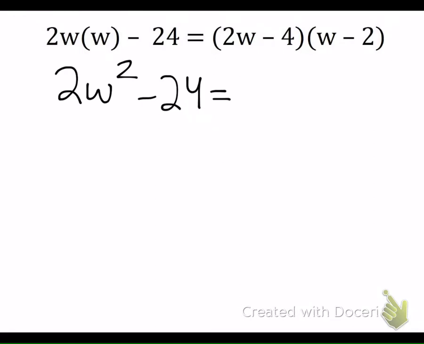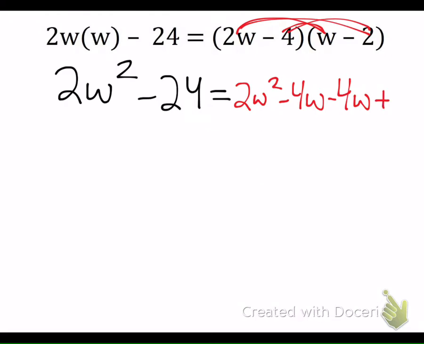Do you mean double distribute? Yeah, so I need to distribute the 2W first, then the negative 4. So 2W times W once again is 2W squared. 2W times a negative 2 is a minus 4W. Minus 4W again. And then a plus 8.